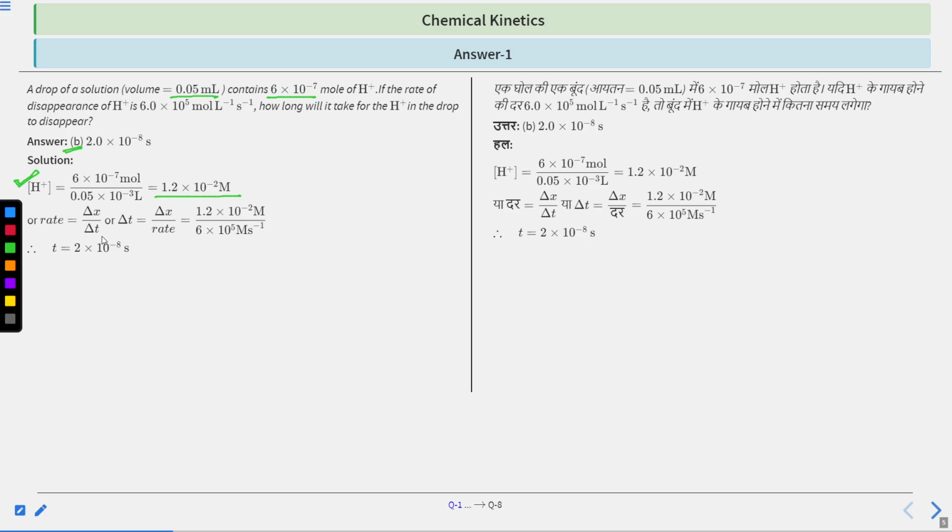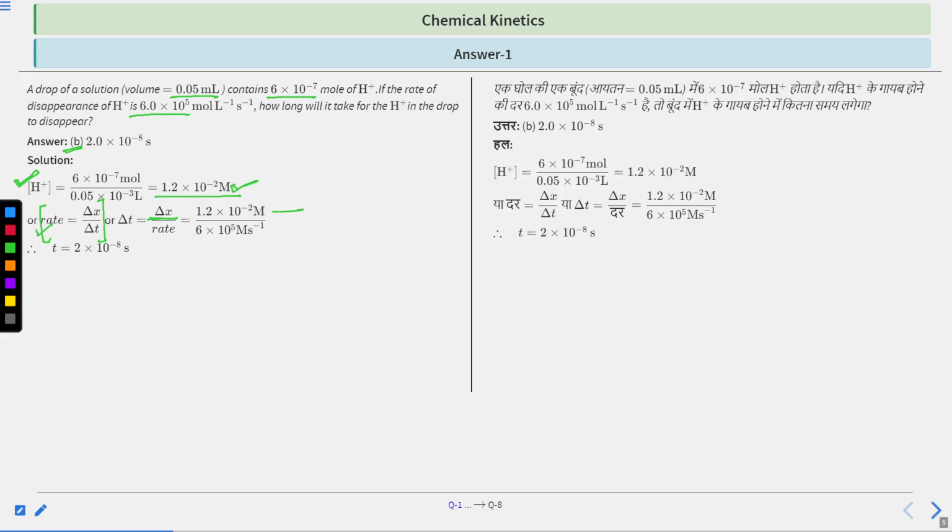Now, the rate will be equal to del X by del T. This is the general formula for the rate of the reaction. Or you can say that del T is equal to del X by rate. Del X is the change in concentration, and the rate of disappearance of H positive is given, that is 6 times 10 to the power 5 mole liter inverse second inverse. So del X will be 1.2 times 10 to the power minus 2 mole, because we just calculated the concentration of the H positive ion, right?